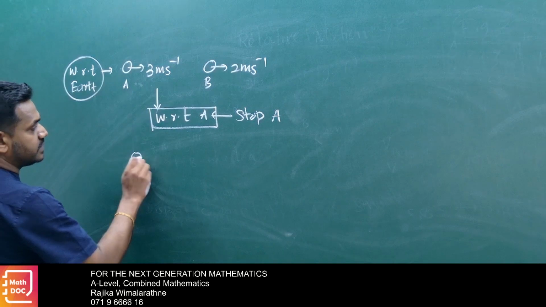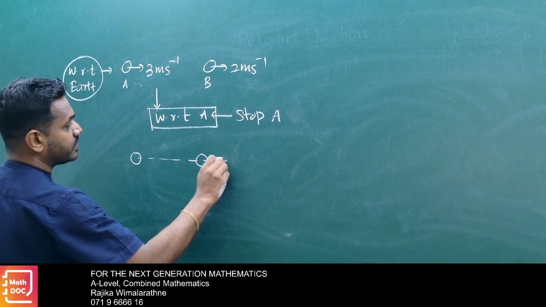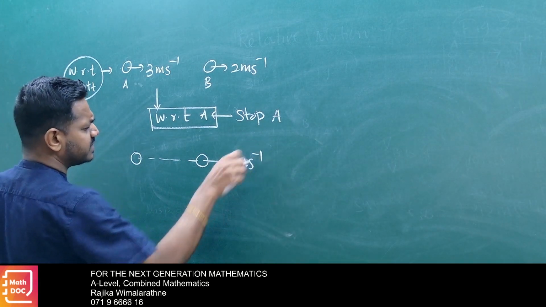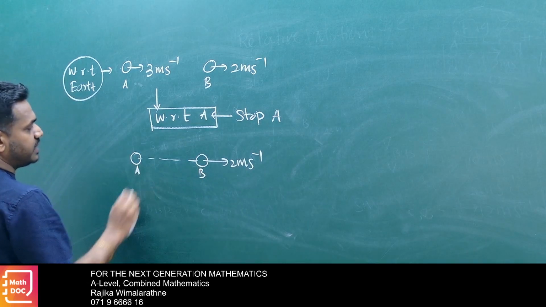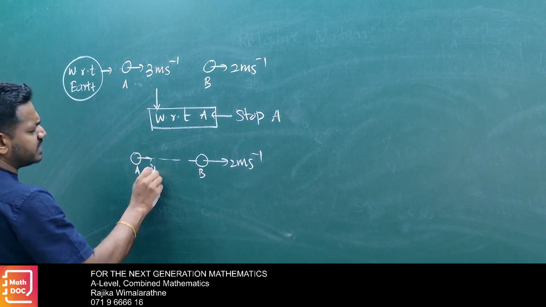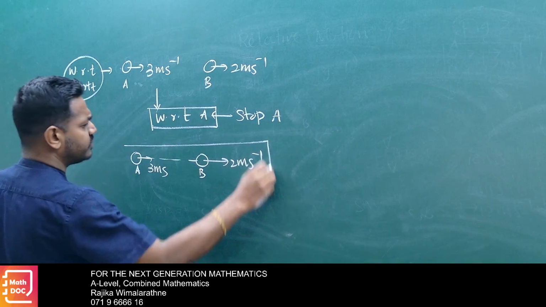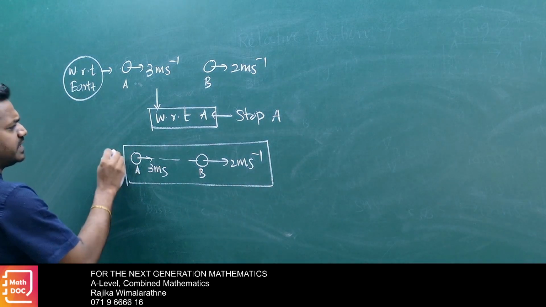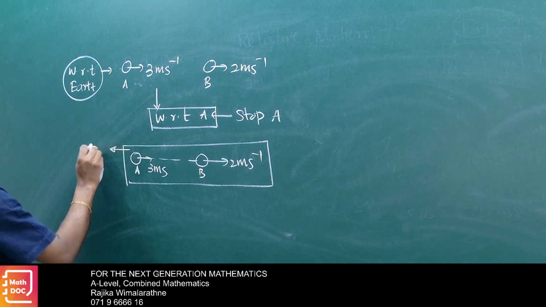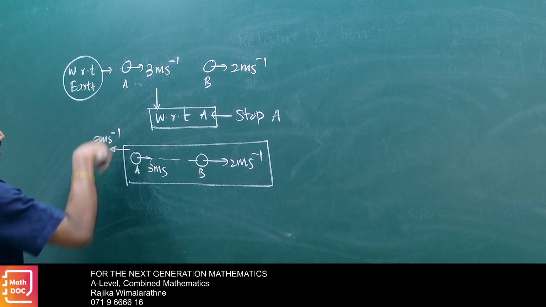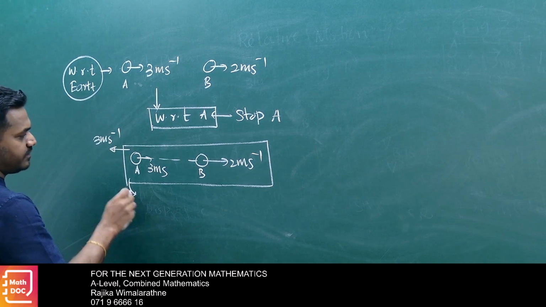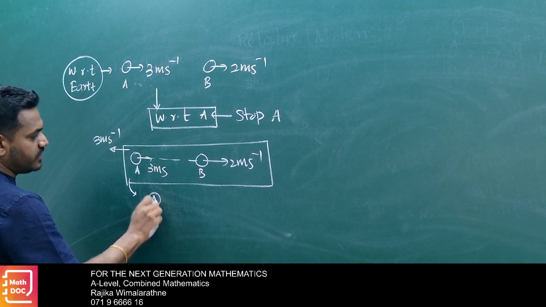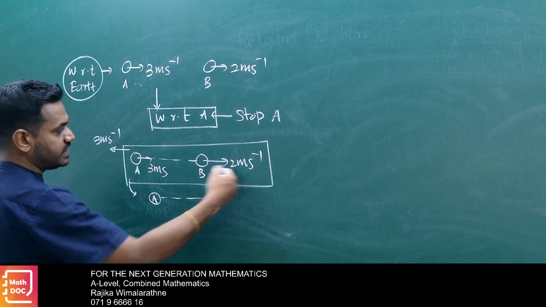Now here B is 2 meters per second, here A is 3 meters per second. You give the whole system 3 meters per second in the opposite direction. Then the resultant: A is at rest now, and B velocity is 2 minus 3, so 1 meter per second in the opposite direction.